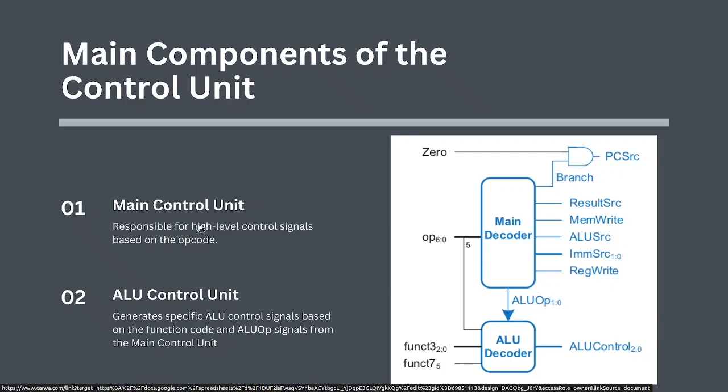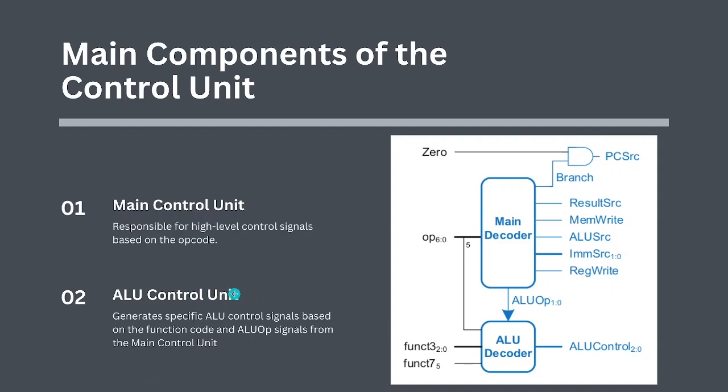These signals determine how the processor will handle things like accessing memory, writing to registers, and selecting ALU operations. Think of the main control unit as the executive director. It gives the general direction that guides the entire CPU.